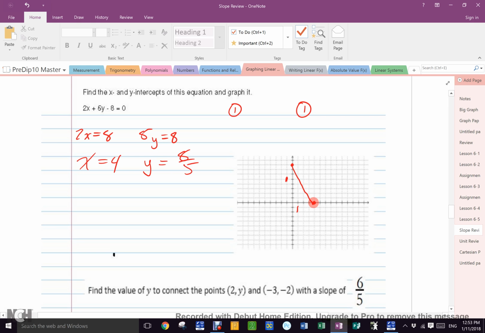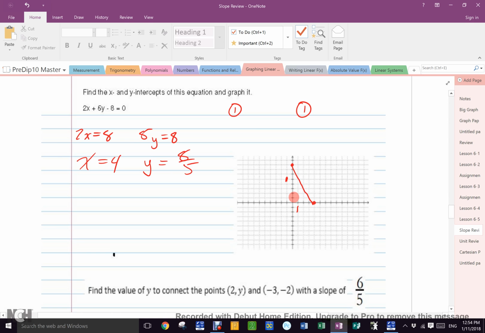Now, what's the slope? It's a line on a graph. Can't I just count for it? Can't I count? 1, 2, 3, 4, 5, 6, 7, 8 over 4. Slope's -2, isn't it? 5/5, so 1 over 1, 2, 3, 4, -4.